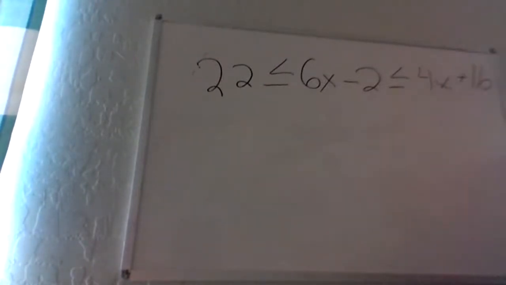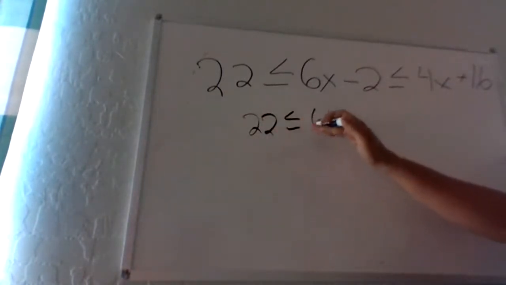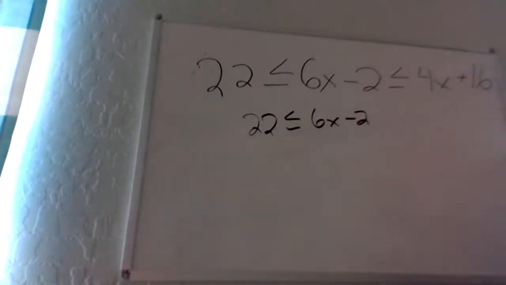So what's my first problem? First problem is 22 less than or equal to 6x minus 2. Okay, so that's problem number one. How do we solve that? Somebody besides Sam.